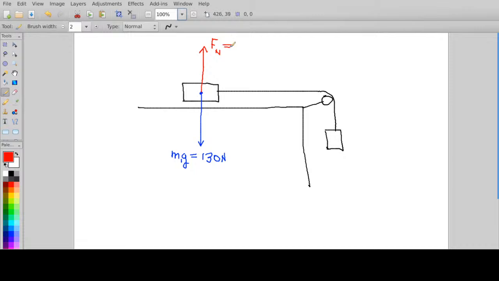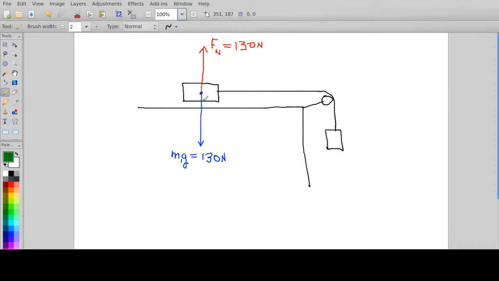Since it's canceling the gravitational force, it also is 130 newtons, for the same reason as last time, but even more so this time because it's not moving vertically and it's not moving horizontally.